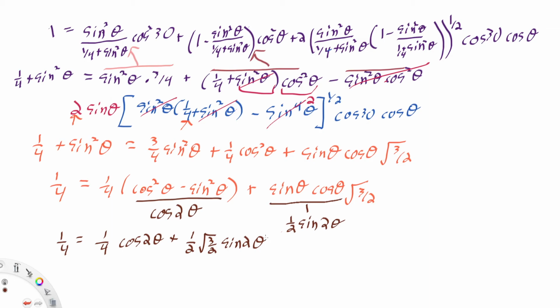Can we multiply everything by 2 to get rid of that half? Yeah, in fact, let's multiply everything by 4. So 1 equals cosine 2 theta plus square root of 6 sine 2 theta.